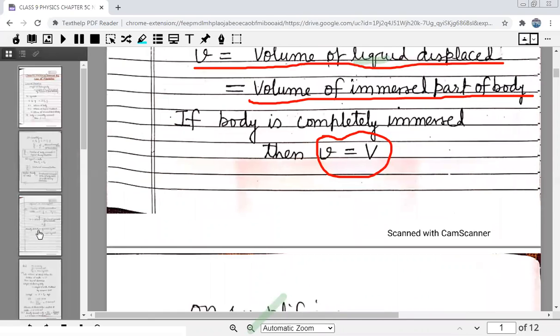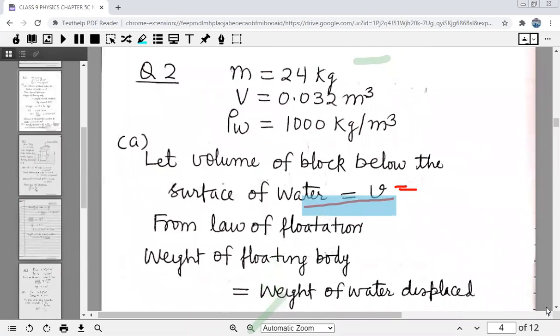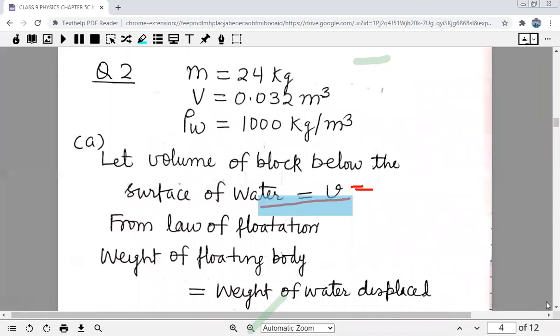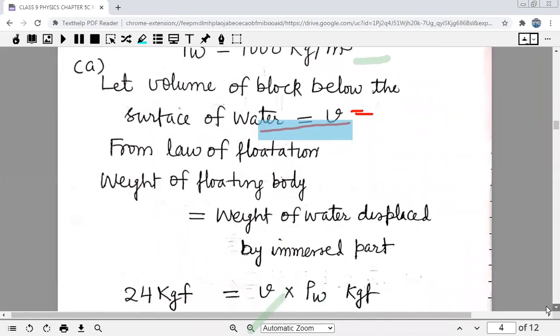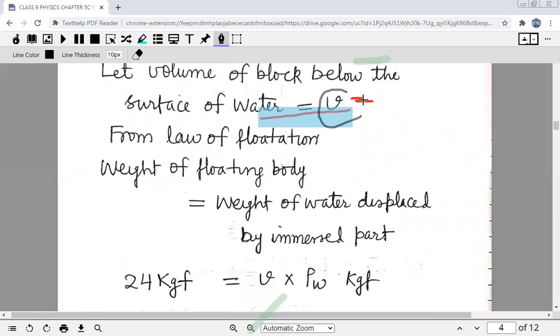So the weight of the floating body is 24 kg. Weight of water displaced: you can see here the immersed portion is this. So small v into density of water, and if we don't write the value of g, then we can write it in kgf.